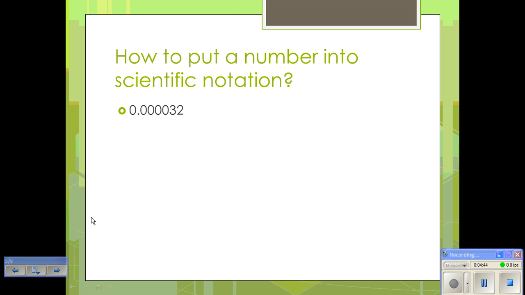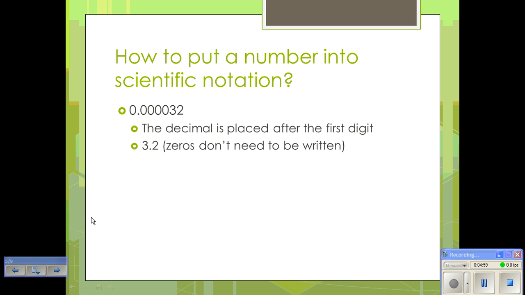If we look at the same thing when the number is smaller than 1, we're going to do the same thing. We want one non-zero digit in front of the decimal point. Then we're going to drop all the zeros off in front of it, add our times 10, and now we have to look at our number. Is our original number smaller or larger than 1?